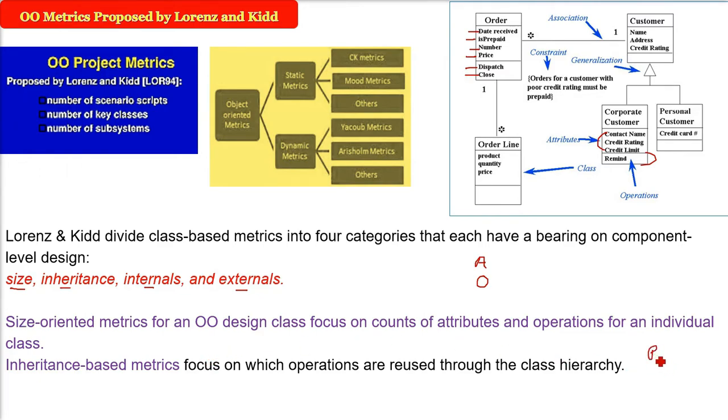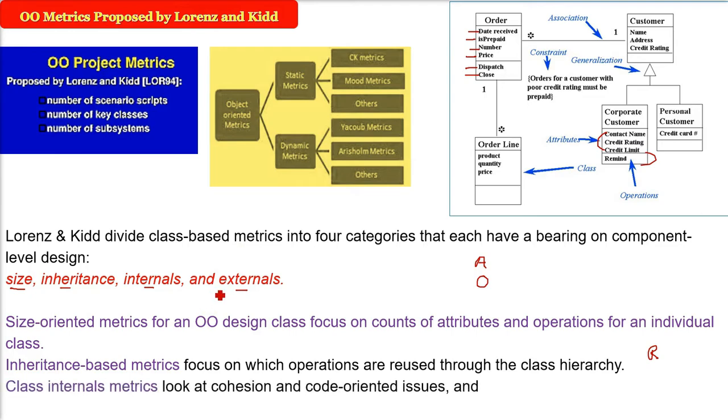Inheritance, the class inheritance-based matrix, works on operations which are used through the class hierarchy. That is, when one class inherits the other class, it is using or reusing the methods which are defined or implemented in the base class.